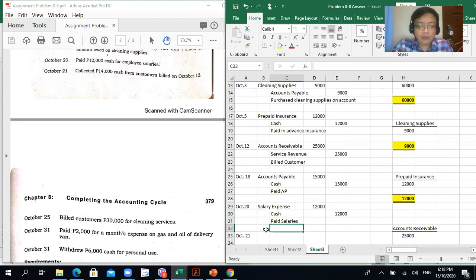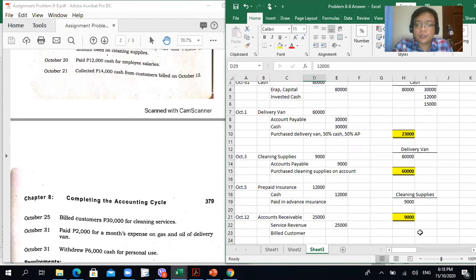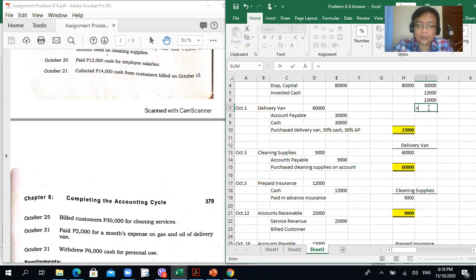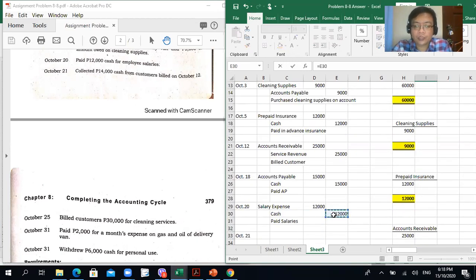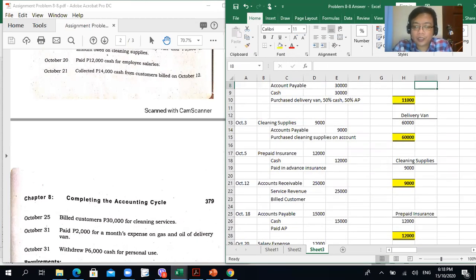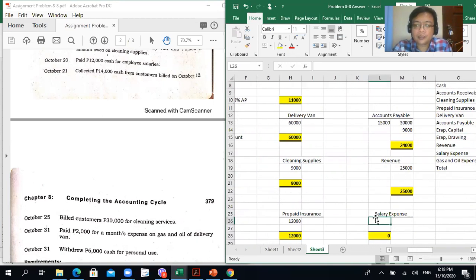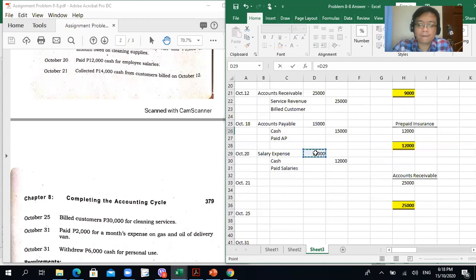Salary expense: if we increase your expense, it is on the debit. Cash is credit because you decrease your asset. So we have 12,000 here.